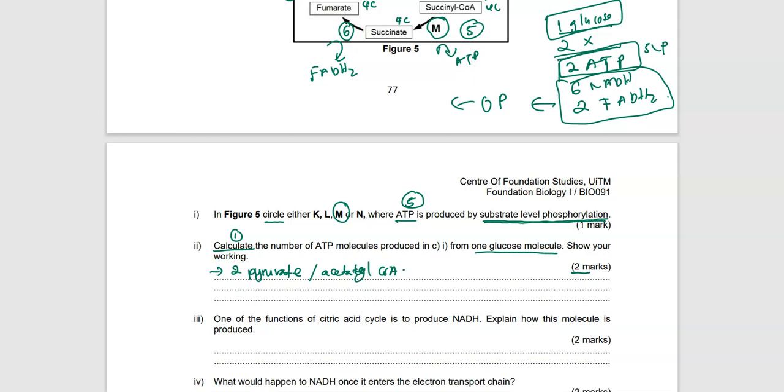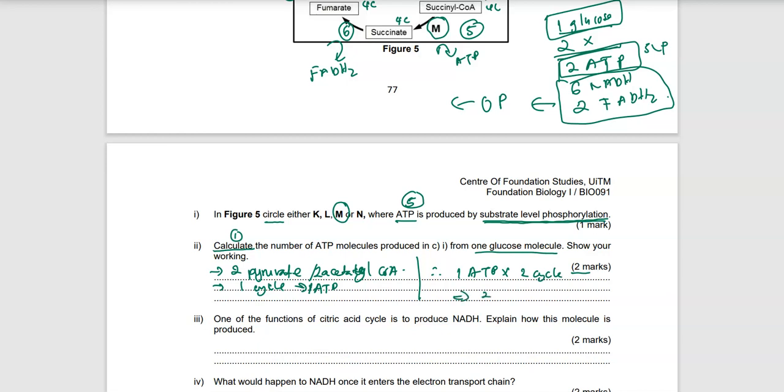Okay, 2 molecules of pyruvate, or 2 molecules of acetyl CoA, will enter into the citric acid cycle, causing the citric acid cycle to occur twice. So you know that one cycle produces 1 ATP molecule. Therefore, you have to multiply by 2 cycles.